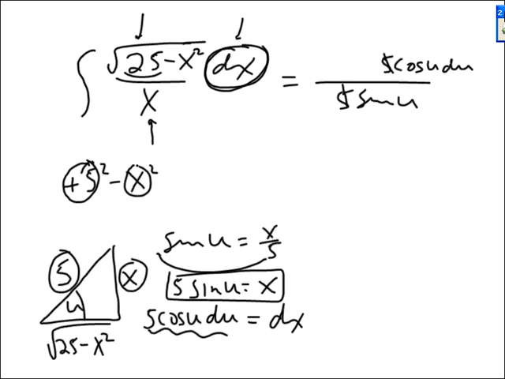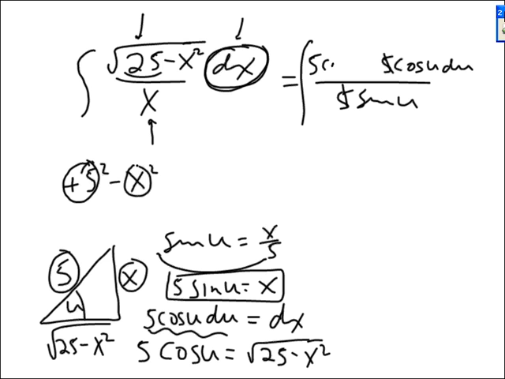Well, if you consider the cosine of u, it's the adjacent, which is the square root of 25 minus x squared, divided by 5. But I can put the 5 up there. That's exactly what I put on the top: 5 cosine of u.